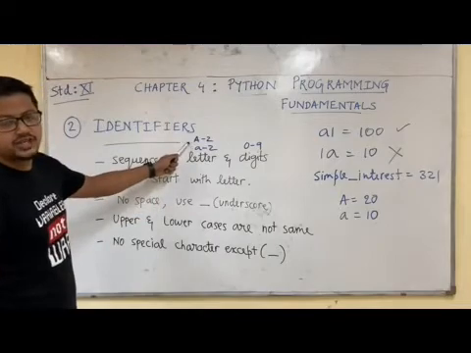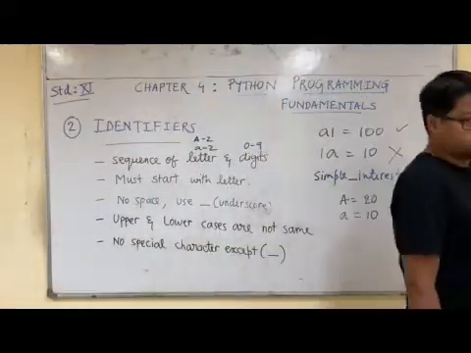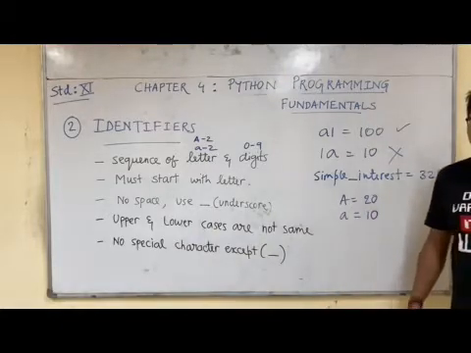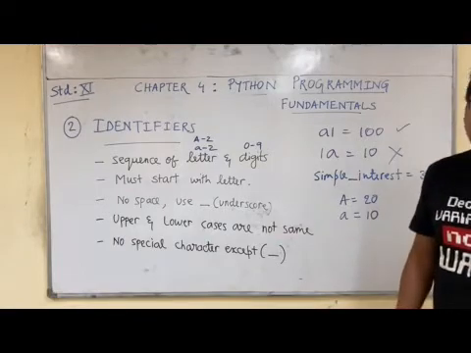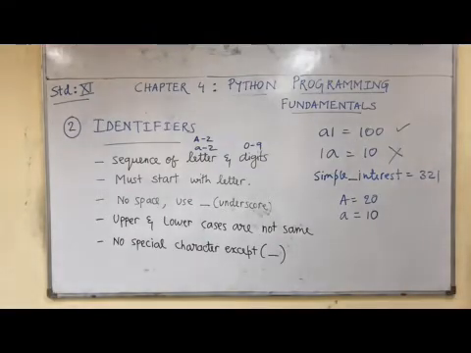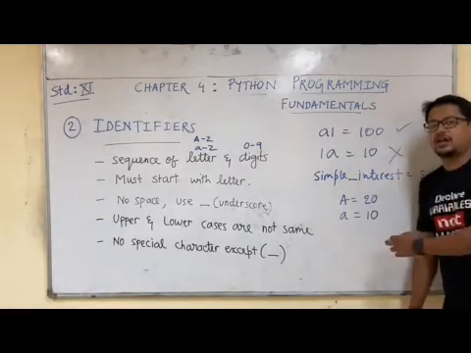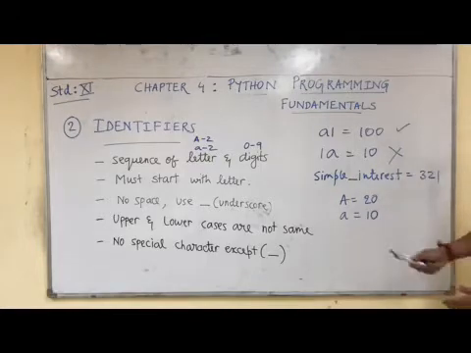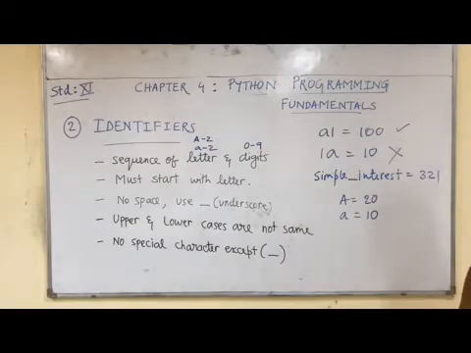A stood for 65 and small a stood for 97. So capital and small a are different. Variables are case sensitive; uppercase characters are different from lowercase characters. In normal English we consider capital A and small a the same, but in Python capital and small have a different meaning, so they are differentiated. So these two are not the same.